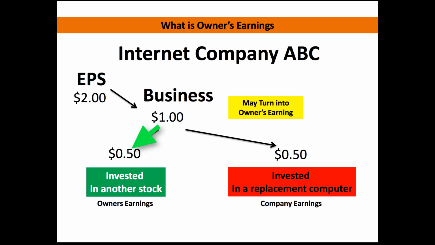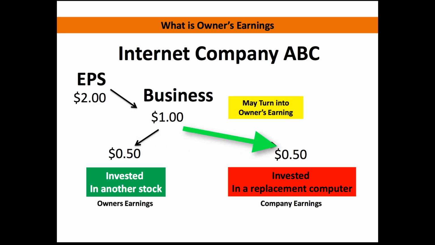Just imagine a company that takes their earnings and invests that money into yet another company, which is going to continue to pay them earnings. That 50 cents invested in another stock pick shows up on their balance sheet as another asset, and so that would materialize into extra book value during the next accounting period.